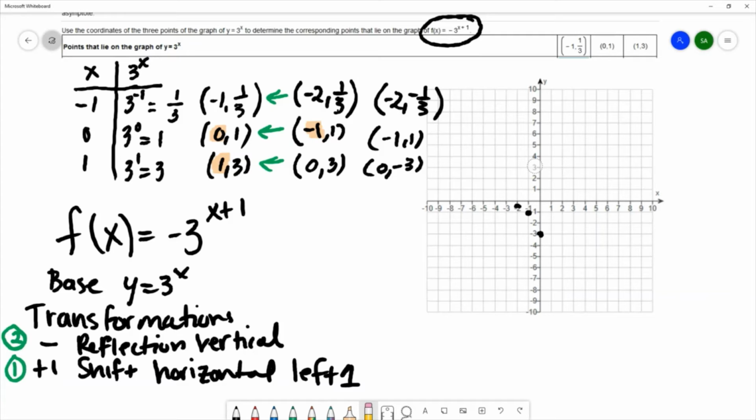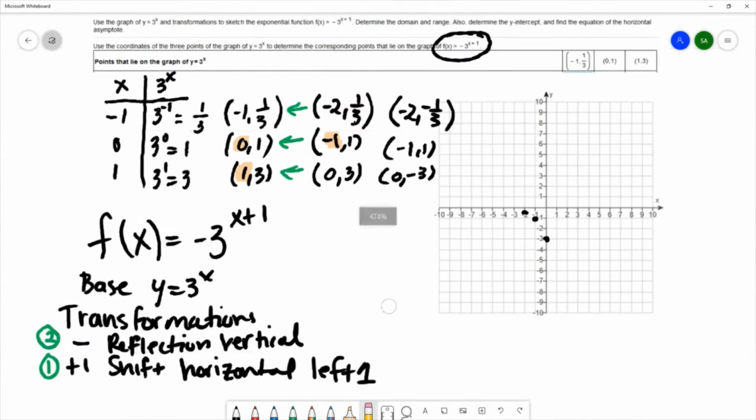So continuing with the other parts of this question, we want to find the domain and range, which we'll do in a moment, the y-intercept, as well as the horizontal asymptote. So let's start with the horizontal asymptote. The base function of y equals 3 to the x has a horizontal asymptote that is right on top of the x-axis.